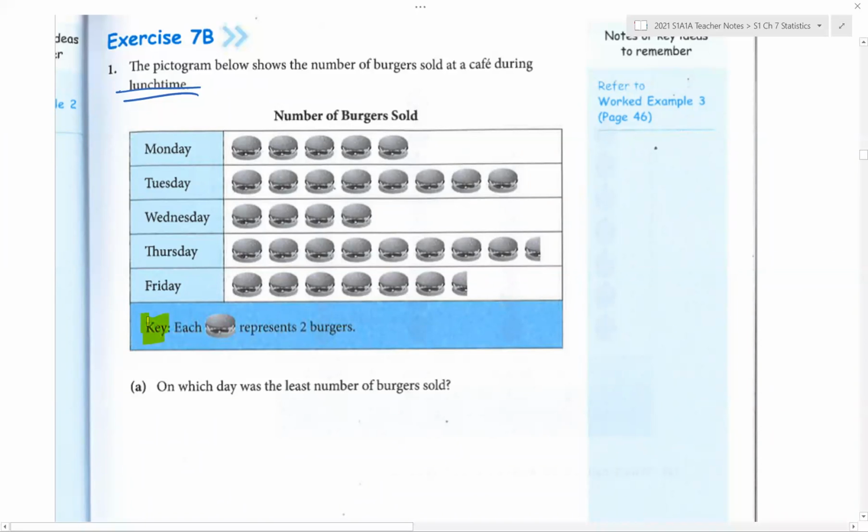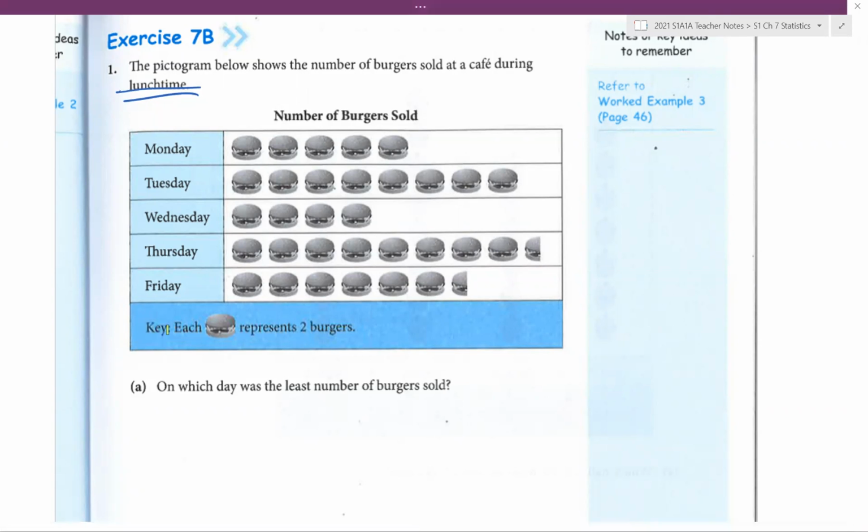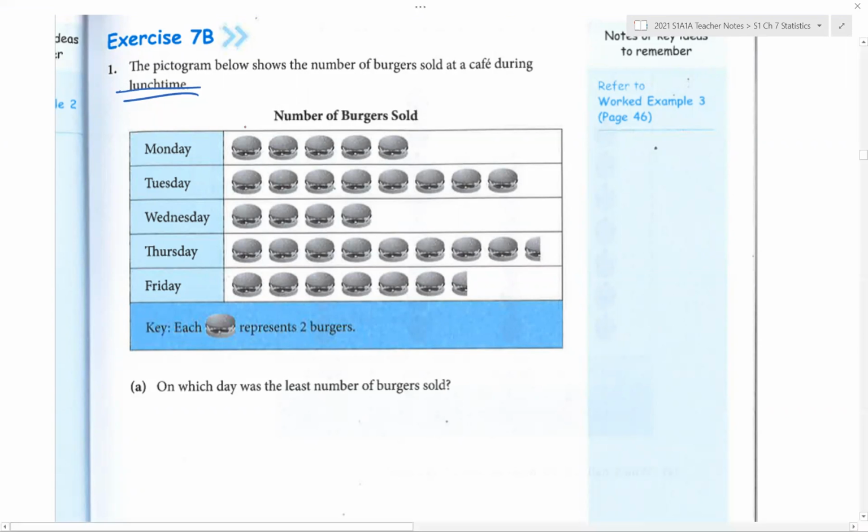The word key is like a legend in your map. It tells us how to interpret it. The picture shows burgers, but one burger in the picture doesn't refer to one real burger. Oh, it says it represents 2 burgers.